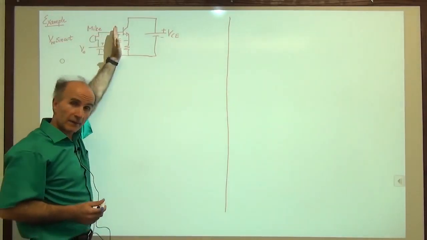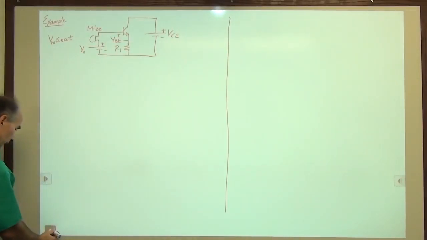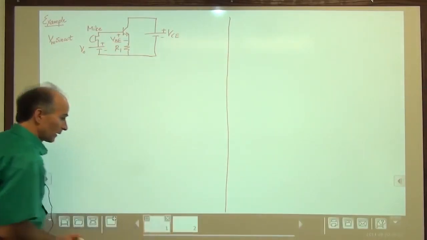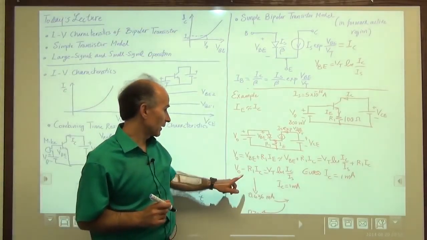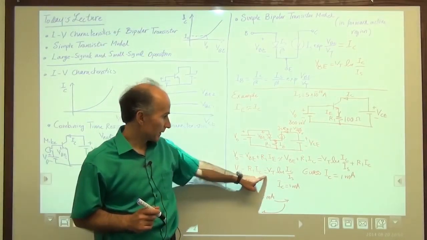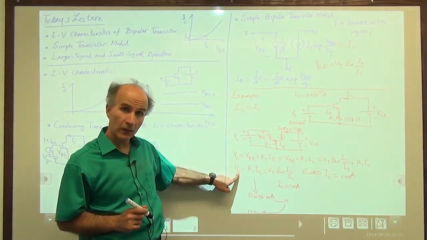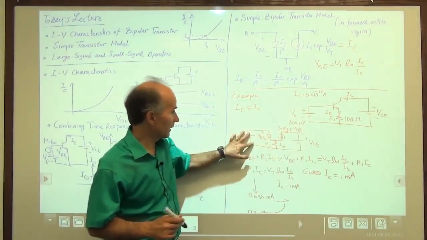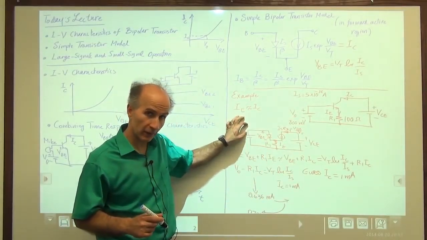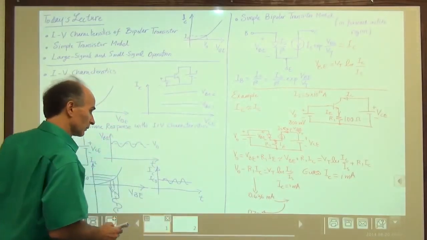The rest of the circuit is the same as before. So if I go back to the previous page, I can readily see what needs to be changed. I simply go in this equation, and instead of V0, I write V0, the battery, plus the microphone signal, and the rest is the same. So we'll go and do that.